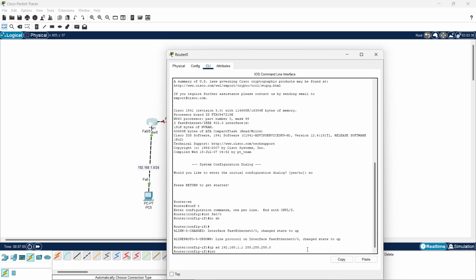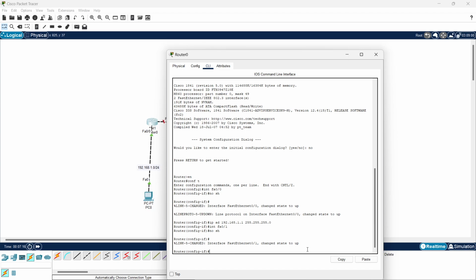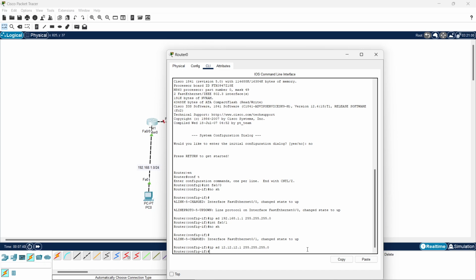After that, we get into interface 0/1, then no shutdown again. And after it, we add the IP address from router 0 to router 1. So we type IP address 12.1 with the subnet mask 24 again. Then press enter.